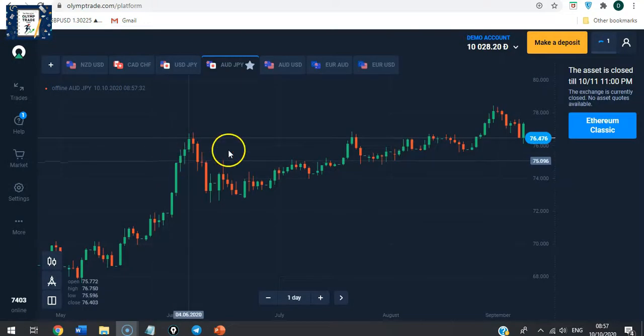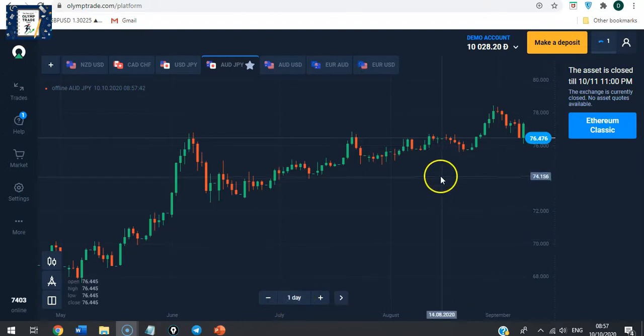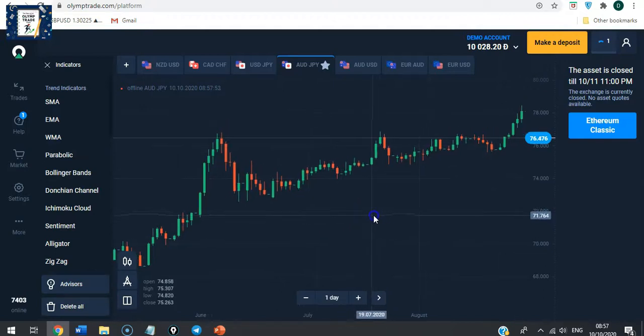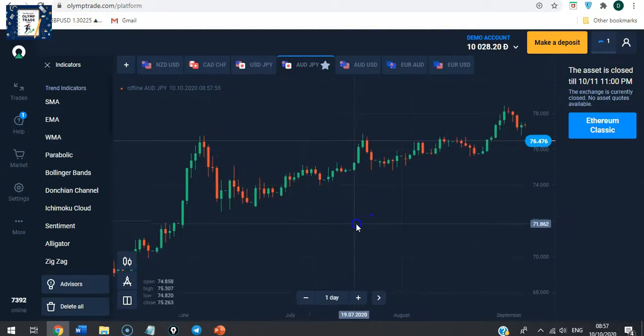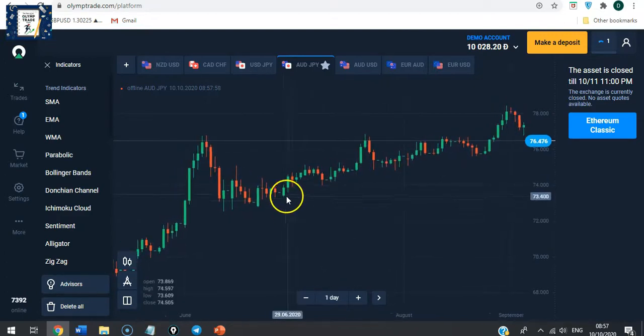Okay, so I'm going to use this example of the Aussie yen chart, and on this occasion what I will be using is the daily chart as the entry. So let's go over what the picture looks like if you only look at the time frame without the actual market structure in place.